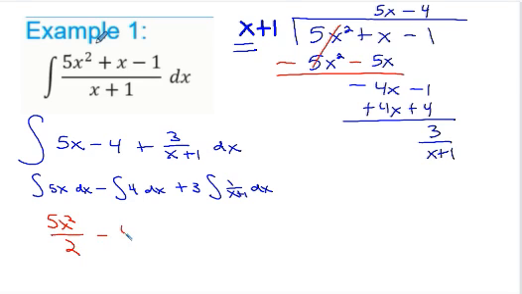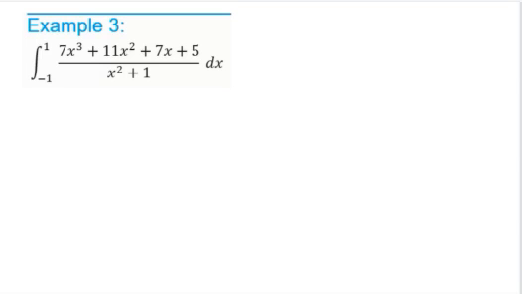I'm going to have minus 4x here. And I'm going to have plus 3 times the natural log of x plus 1 here. And I have plus c. So we were able to use division. We did it with long division. You technically could have used synthetic division on this problem, and that allows us to get this problem cleaned up pretty quickly.